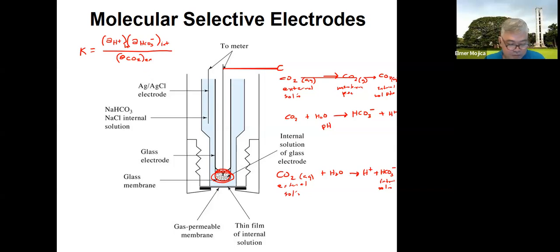And if we're going to look at the potential coming from this indicator electrode, this is just L prime plus 0.0592 log CO2 external.